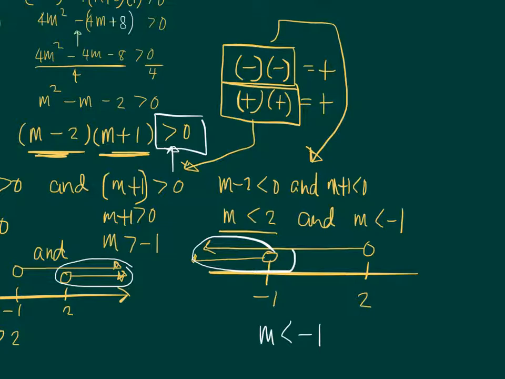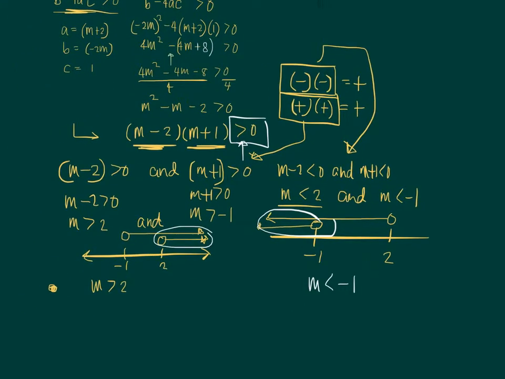So combining what we have, since we have two cases, we need to combine the answer from each inequality. So m greater than 2 and m less than negative 1, these are the only solutions. It can only be bigger than 2 or less than negative 1.